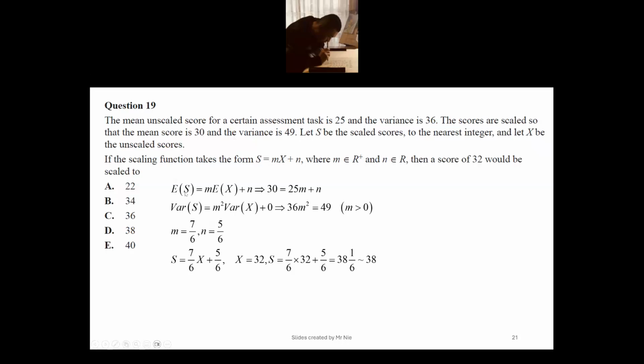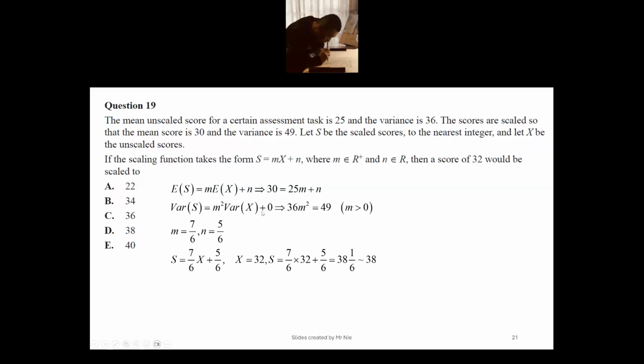Basically, you write E(S) is m times E(X) plus n, which gives you 30 equals 25m plus n. And notice this is a linear transformation involving a dilation. That's why you need to use Var(S) equals m squared Var(X) plus 0, because the constant has 0 variance.